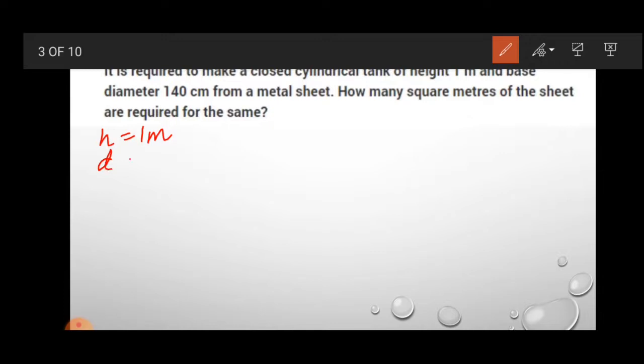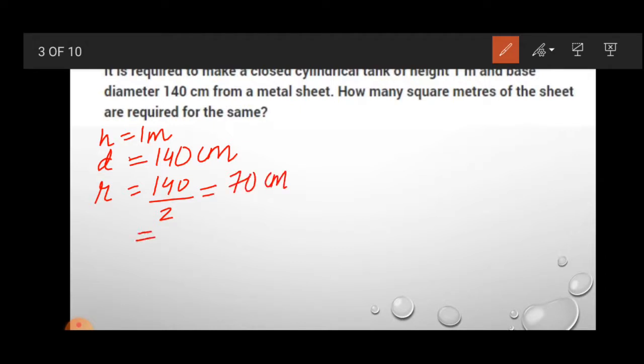Diameter of the cylinder is 140 centimeter. So radius is equal to half of diameter, which is 70 centimeter. Now convert it into meter by dividing it by 100. We get 0.7 meter.